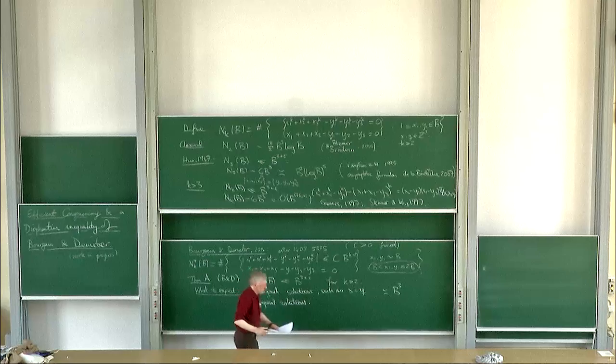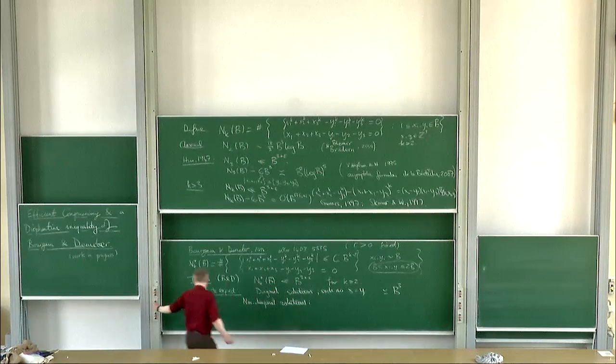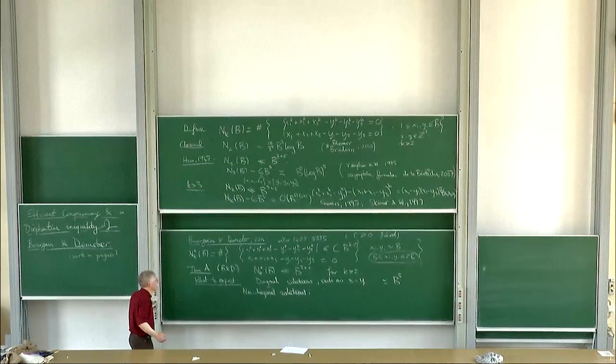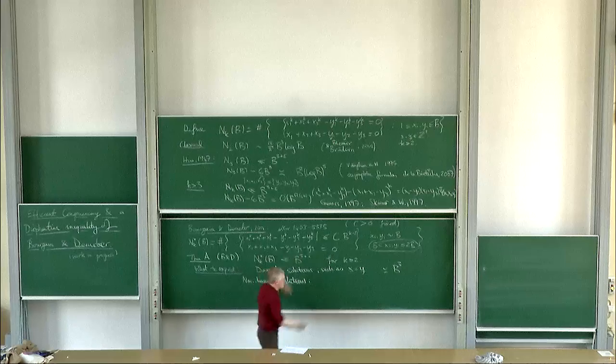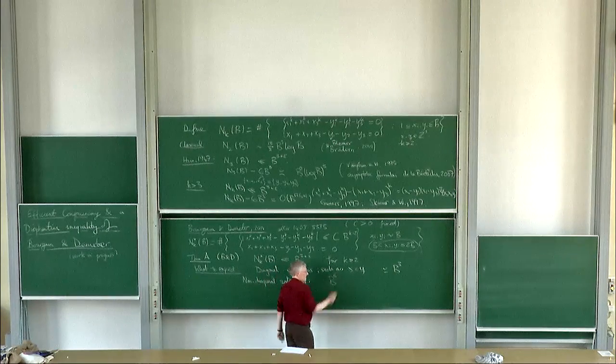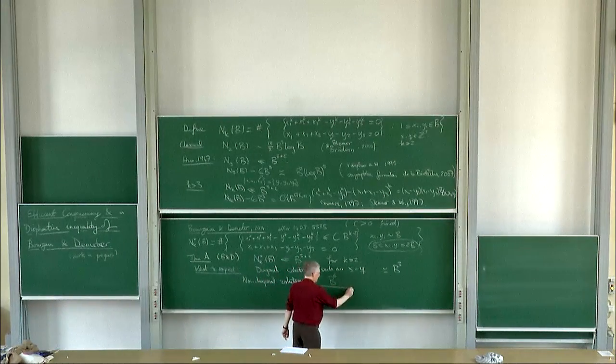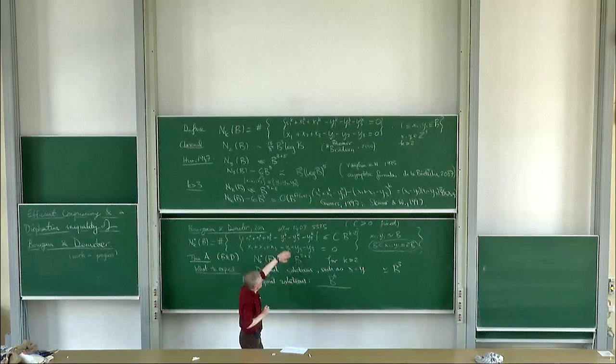And for non-diagonal solutions, how many should we expect? Well, let me see. Right. So we've got b to the 6 possible choices for all of the variables. And there are some constraints on these variables.